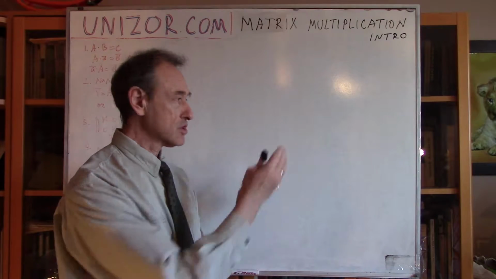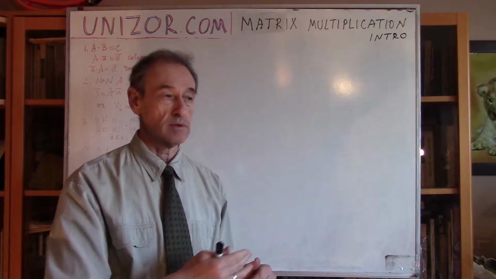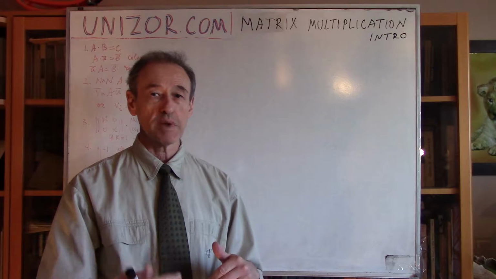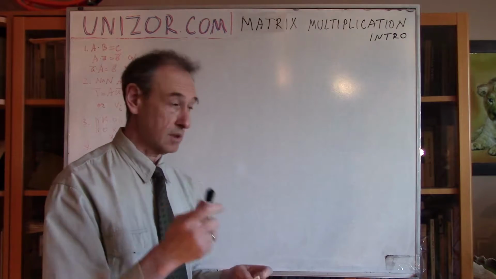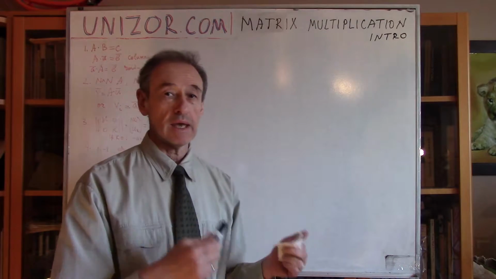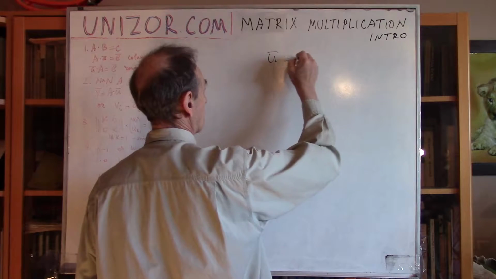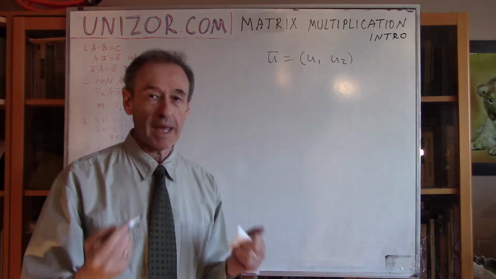Now, I was just talking about transformation of vectors using matrices. And now I just mentioned that matrix multiplication is an operation on matrices. But, well, look at it this way. Any vector can actually be viewed as a matrix.